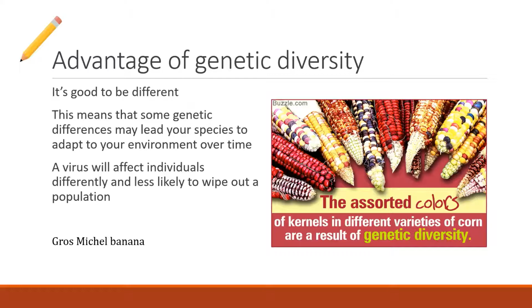Banana farmers decided that the best bananas to grow were the ones called the Gros Michel banana because they're so big and so sweet. And so they started growing them. What they ended up with was all of their bananas being the same banana, the same Gros Michel.